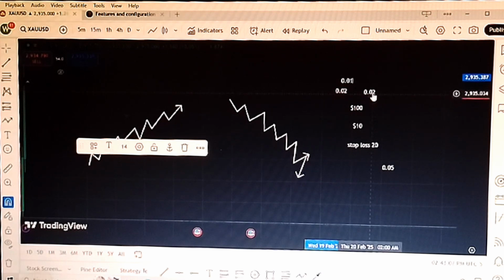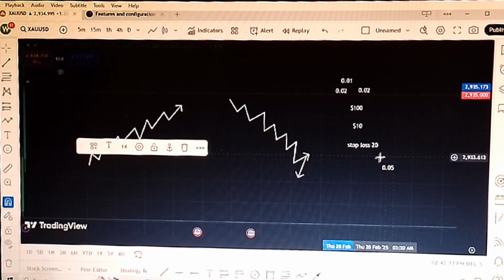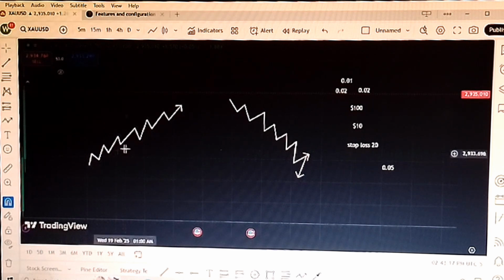If you add these 3 together, 0.02, 0.02, 0.01, altogether it is this 0.05. Now we know what we are risking with our own proper setup.